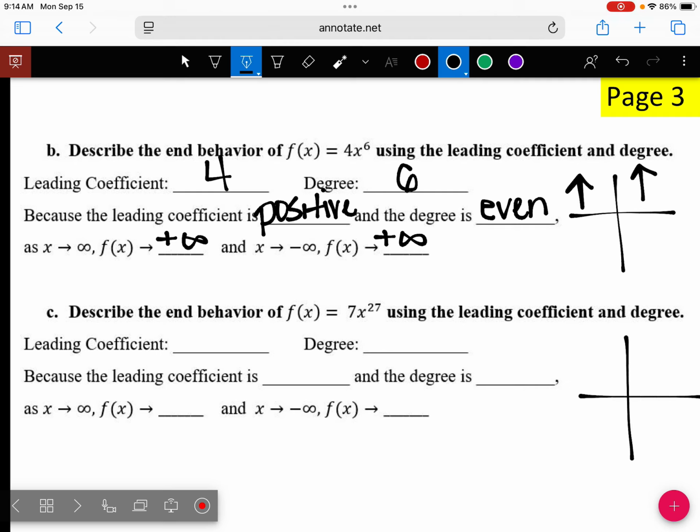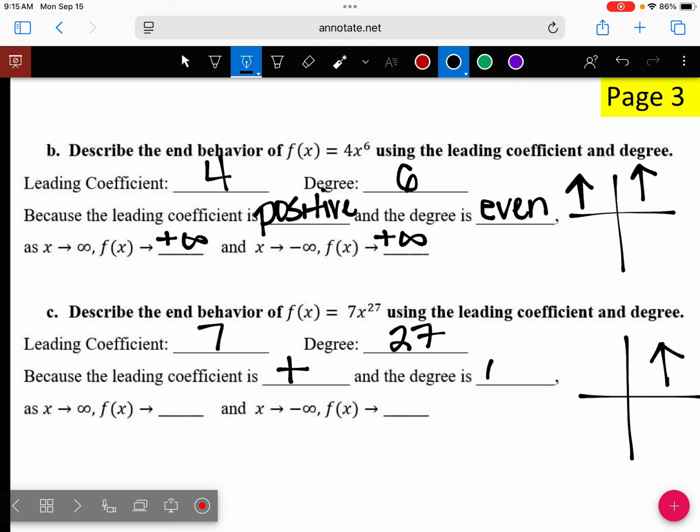All right, now let's do one more. So my leading coefficient is 7. It's positive, so that means the right side is going up. What's my degree? What's my exponent? 27. So my leading coefficient is positive. I'm going to put a plus sign. And is 27 an even or an odd number?